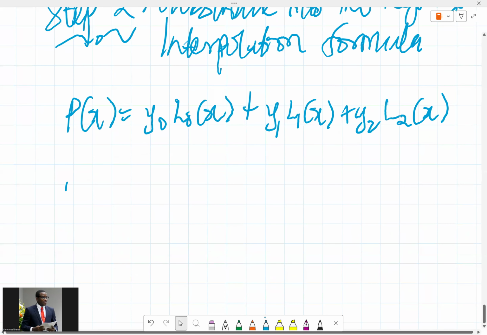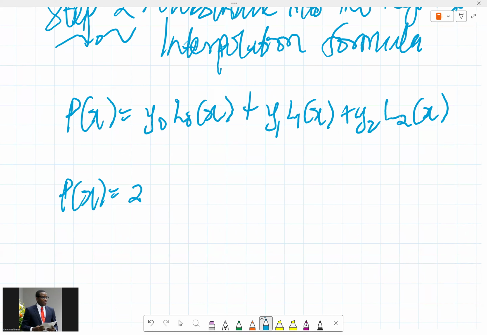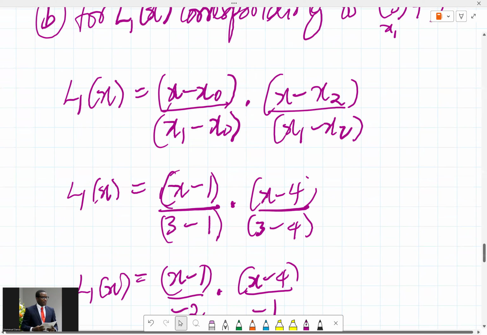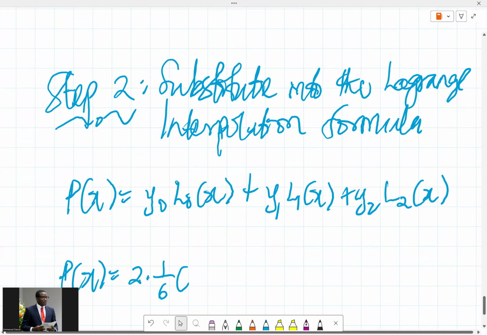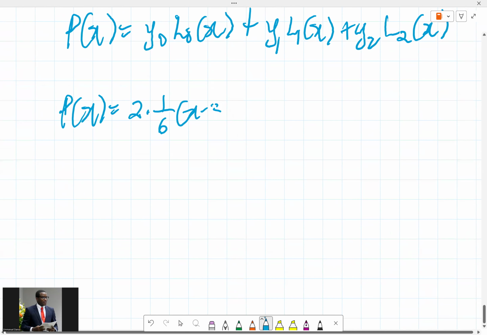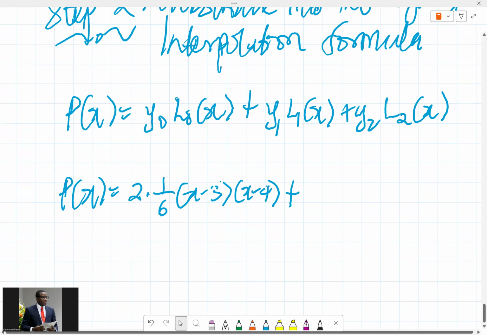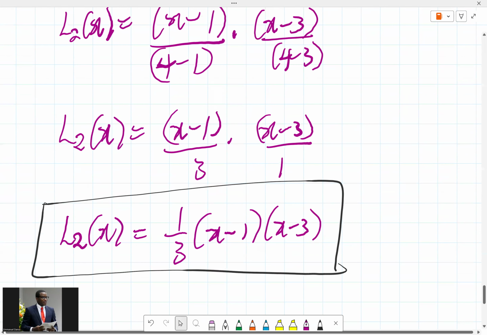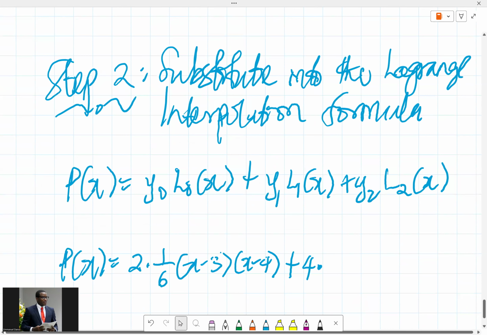P of x now is equal to 2 times L naught of x, which we got the other time as 1 over 6 into x minus 3, x minus 4. So 1 over 6, x minus 3 into x minus 4, plus y1, which is 4, multiplied by L1 of x.